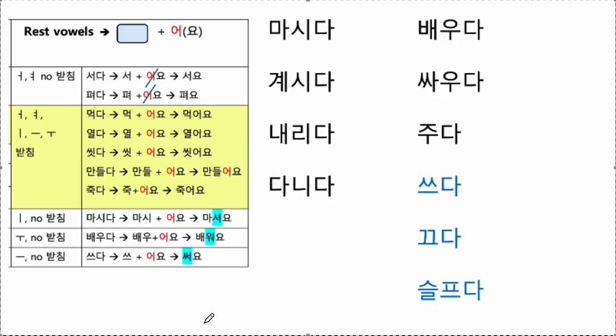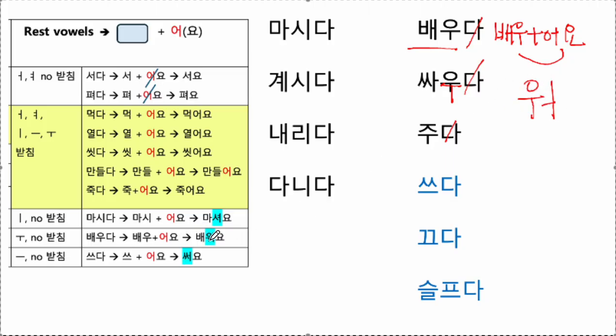Okay, now we have 우. We drop this, and then we have 우. 우, no 받침. What do? This is a stem, so 배우 plus 어요. Okay, 배우어요. So together, it sounds like 워. 우 plus 어.